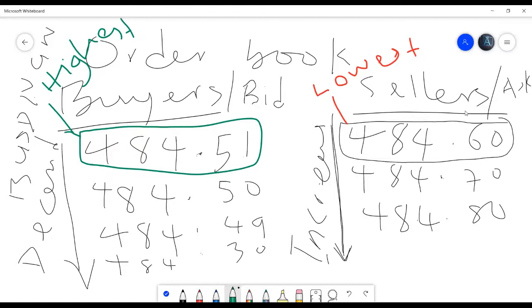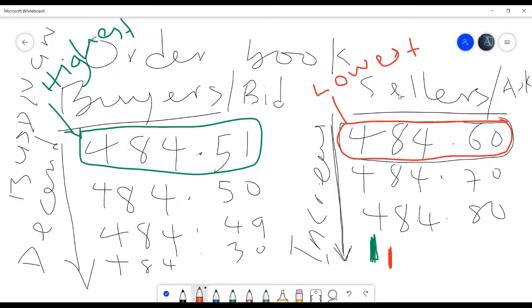Another thing you should note is that buyers are always in green, sellers are always in red. To make sense of it, red means something is leaving you, green means something is growing. When you're buying something, you're increasing the volume of that thing. Just to digress a little, when we come to candlesticks, that's why when you see a candle, it is green, and you see another candle, it is red.